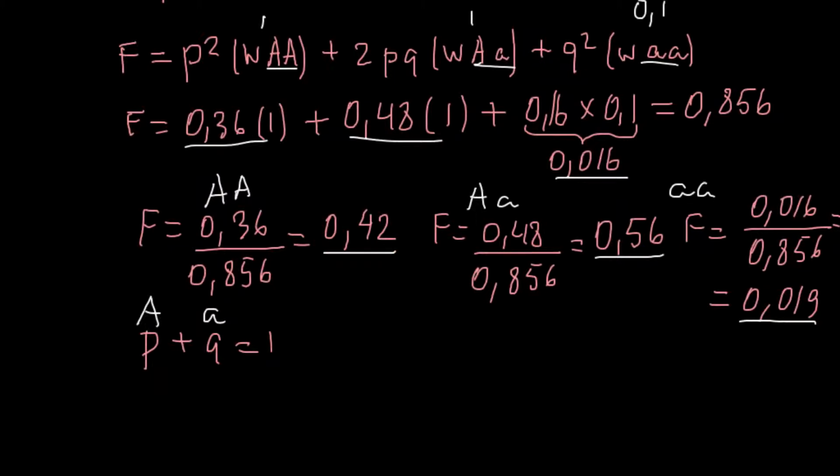So let me write this down, 0.42. This is the frequency of the dominant allele A in the homozygous dominant form, but we also have some dominant alleles, capital A, in the heterozygous form, and here is a new frequency, so we have to add 1/2, because half of the alleles here would be dominant A and half would be small a allele, so we have to divide this number by 2.